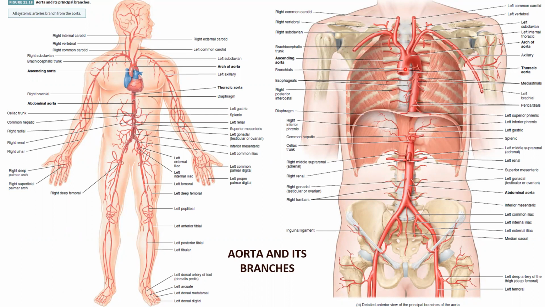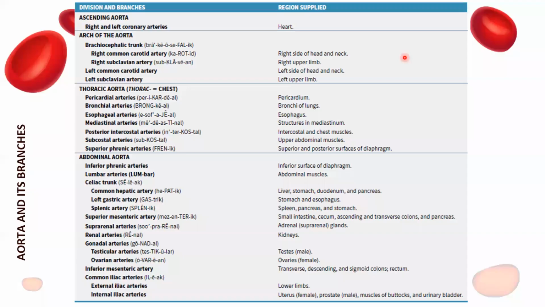Remember that the arch of the aorta and its main branches has a mnemonic, ABCs. A stands for arch of the aorta, B, brachiocephalic artery, C, left common carotid artery, and S, left subclavian artery. Because your right subclavian and your right common carotid artery will arise from the brachiocephalic artery.